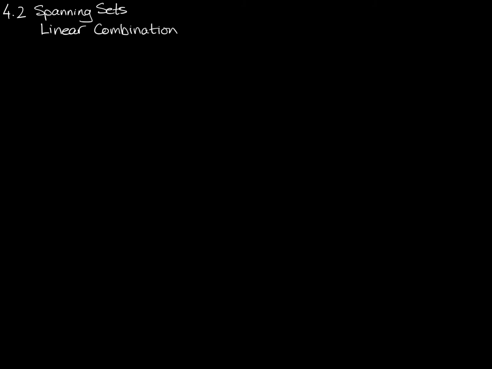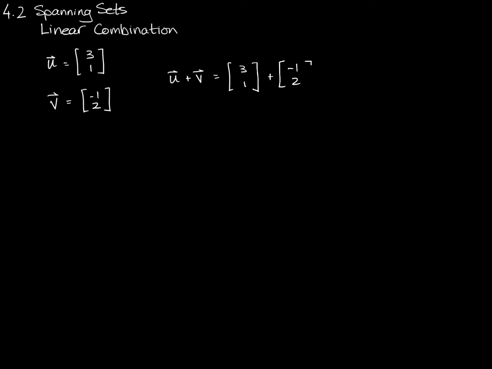I know that if I have a vector u equal to (3, 1), and a vector v equal to (-1, 2), I can add those two vectors together by just adding their components. That becomes (3, 1) plus (-1, 2).